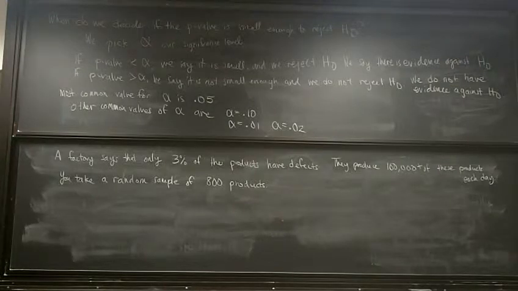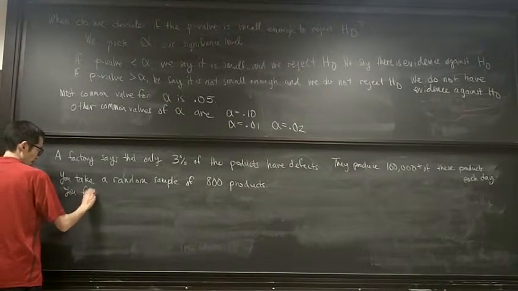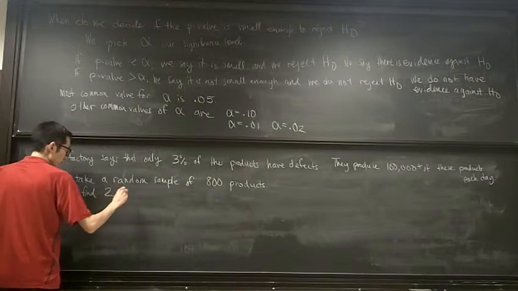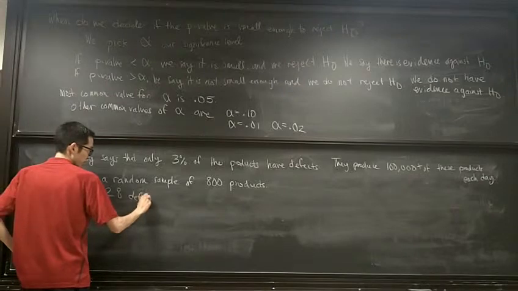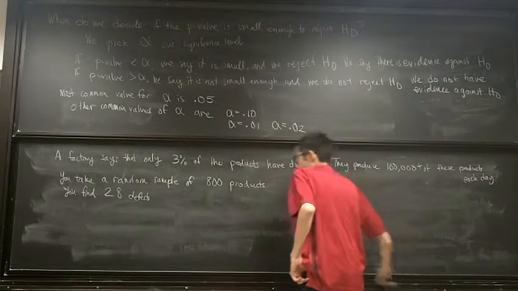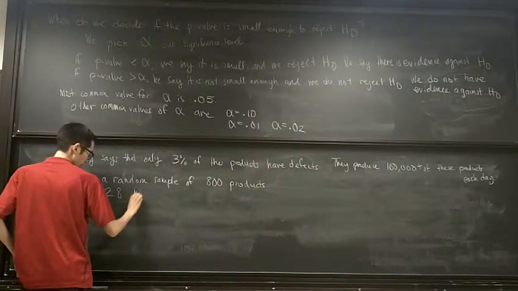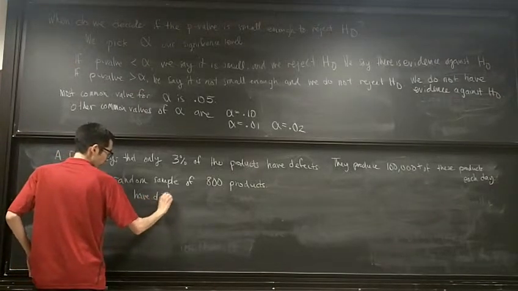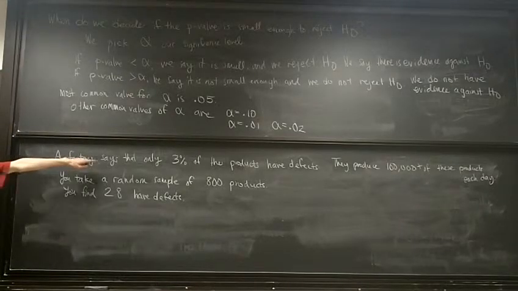And let's say you find 28 defective products, or ones with defects, 28 with defects. Okay. So is the factory's claimed rate of 3% incorrect?